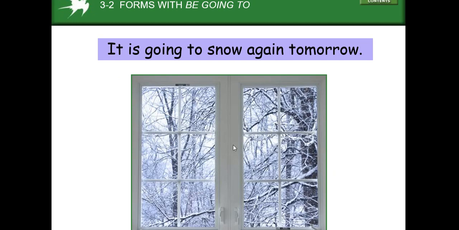Now, forms with the verb be going to. Remember, you have to conjugate the verb be into the different forms. For example, is, are, and am. Depending on the personal pronoun that you are using: if you are using he, she, or it, you have to use is.